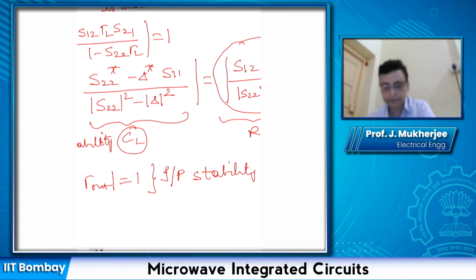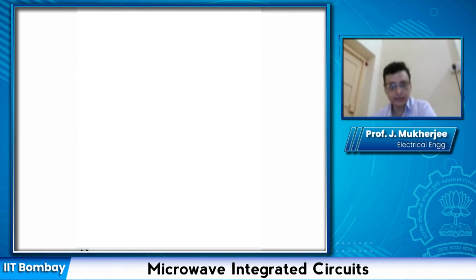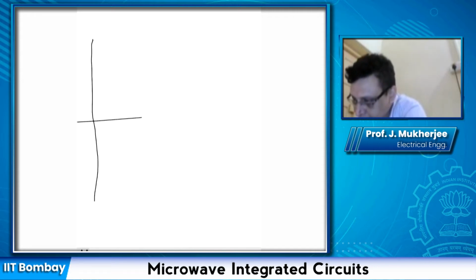So what is the significance of this input or output stability circle? Let us consider the gamma L plane. So this is our gamma L plane.